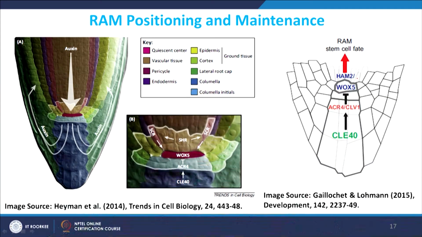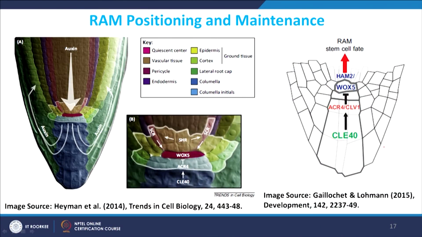So QC should not expand, and this is very important to ensure that the position of QC is fixed at a particular place, and once you fix the position of QC, eventually you are going to regulate the positioning of the entire stem cell niche.